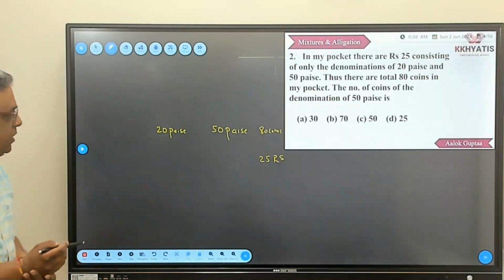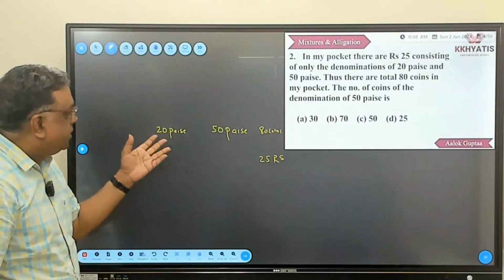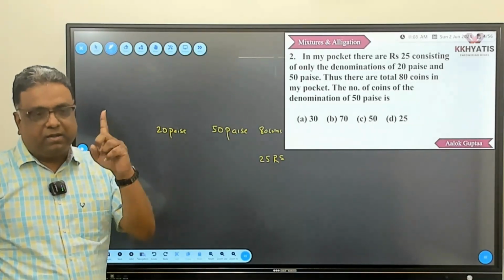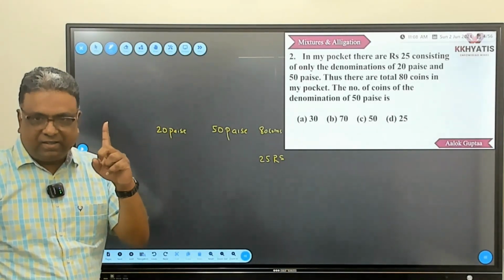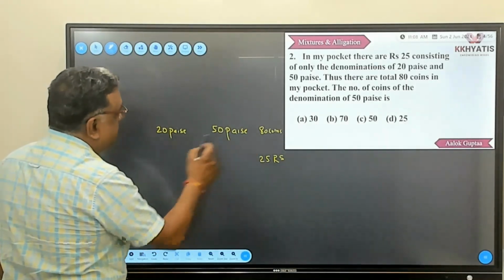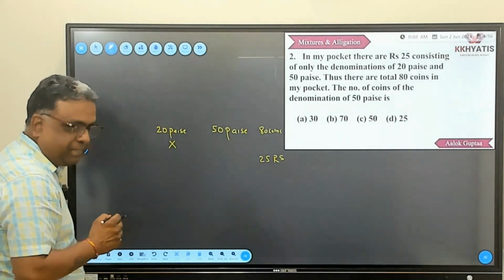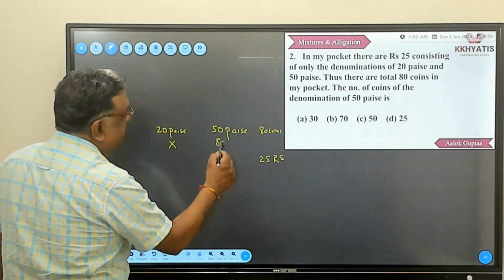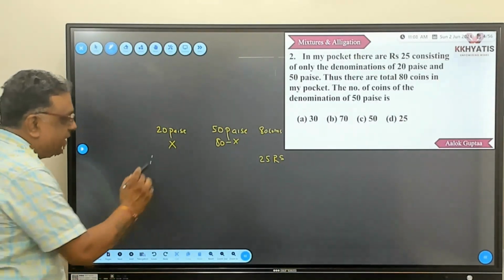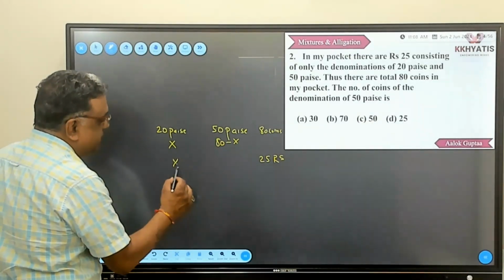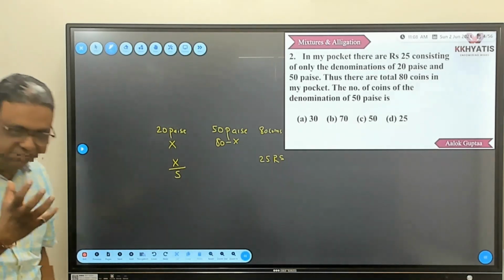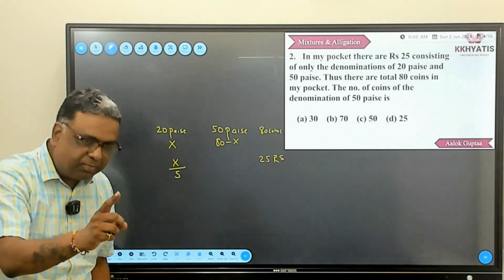right? So for 20 paise coins, I will need 5 coins to make 1 rupee, right? So if I say that there are x coins of 20 paise, so there will be 80 minus x coins of 50 paise, which means if there are x coins of 20 paise, the rupees will amount to x upon 5, because 5 coins make 1 rupee.